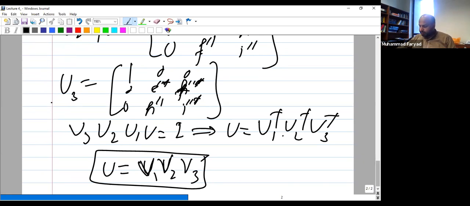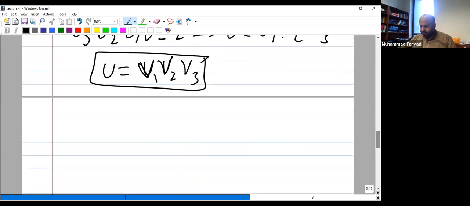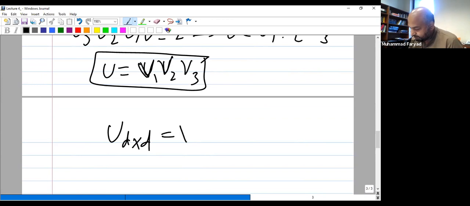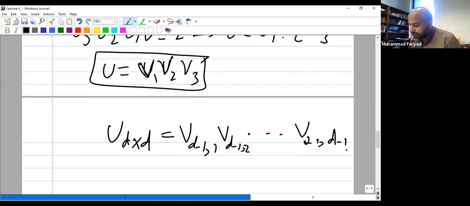All right, let's now see what happens if we have a general D-level unitary matrix. If we have a D by D matrix, we can express it using D-1 level unitaries, and we will have D gates.